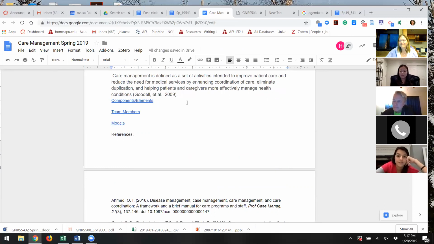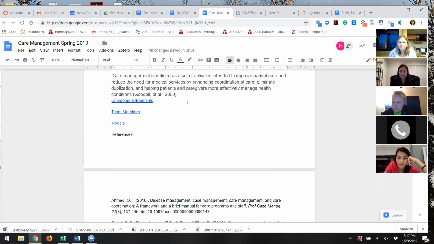Okay, so if I'm understanding this correctly, my thought process for transitional care is that we all understand it's transitioning from one place to another. It's kind of like the overall picture of everything. And then care coordination versus care management.